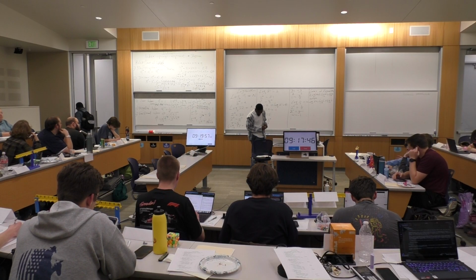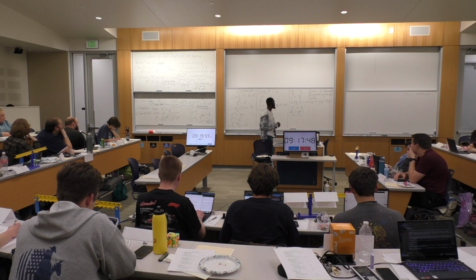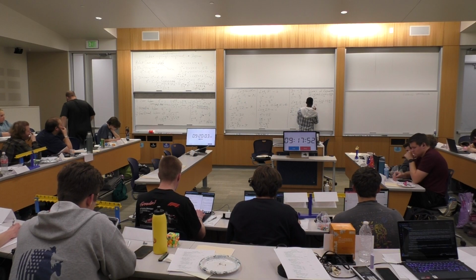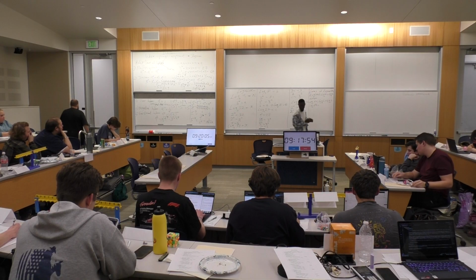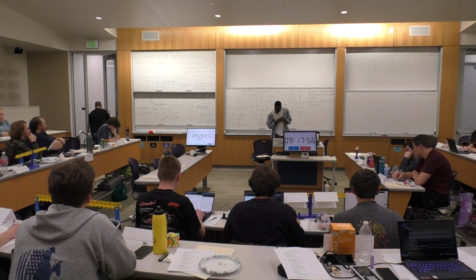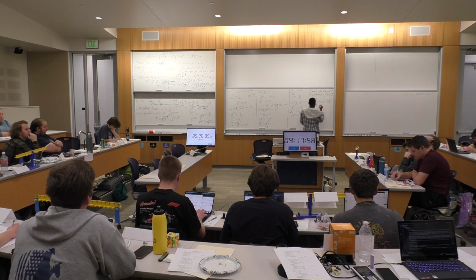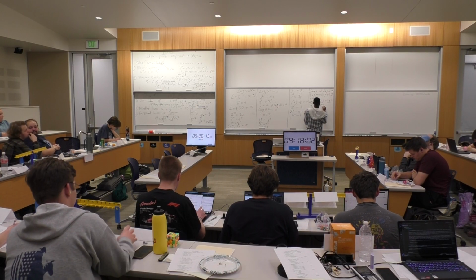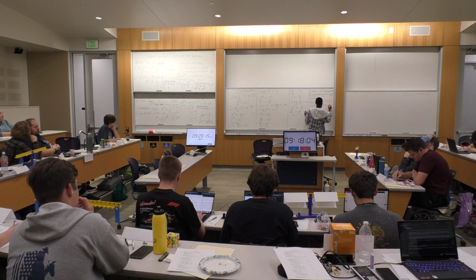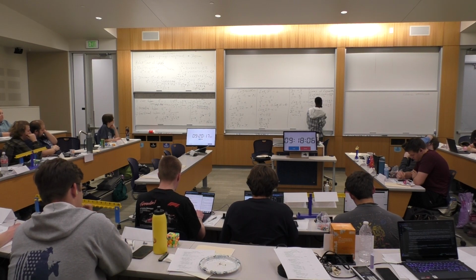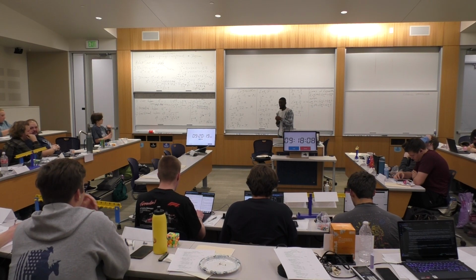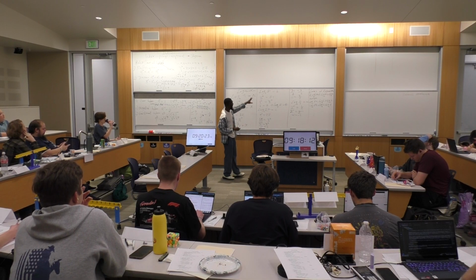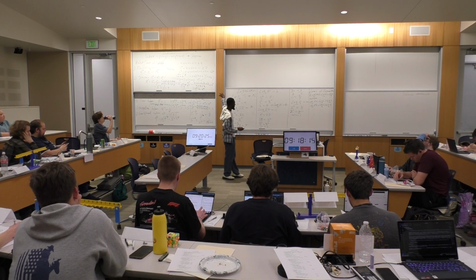So if you have log 72 base 2, this is the same as 8 times 9. That means log 8 base 2 plus log 9 base 2. Is that clear? So this is very, very similar to our multiplication law.